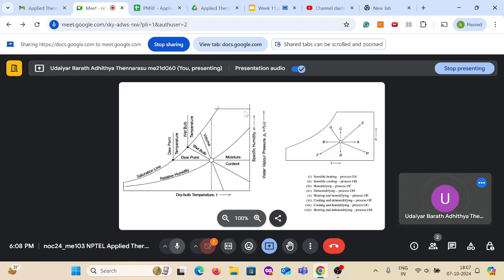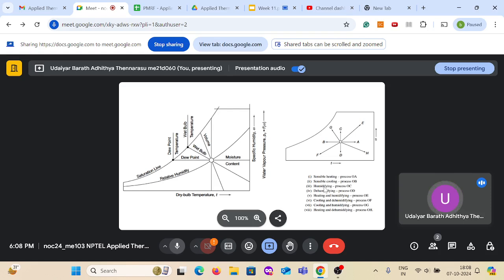With this psychrometric chart, let's see what kind of processes can happen, how those processes look in a psychrometric chart, and what happens in them. First, sensible heating. Sensible heating is heating with no phase change. Say you have water in a container and you're heating it.